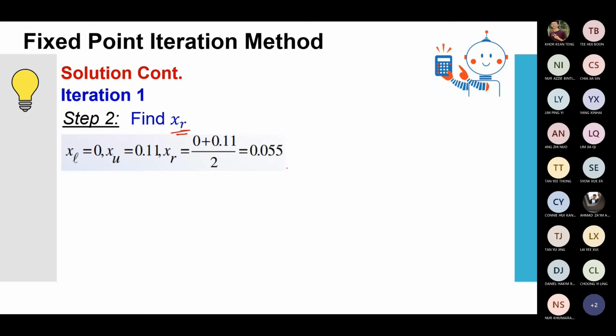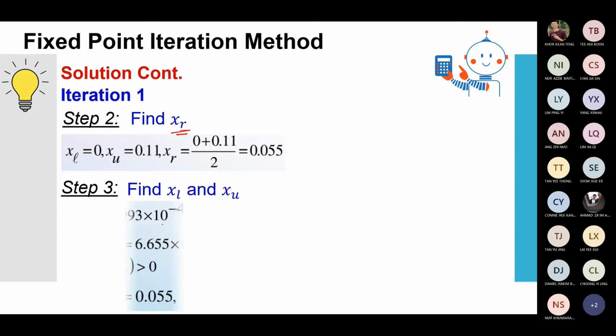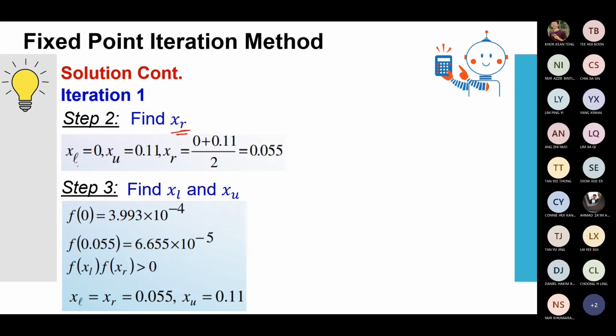That is the first iteration step. Now for step 3, you need to determine XL and XU. We substitute the XL value, which is 0, as we know, and then the new iterative value XR, which is 0.055, into the function, the one I showed you just now.